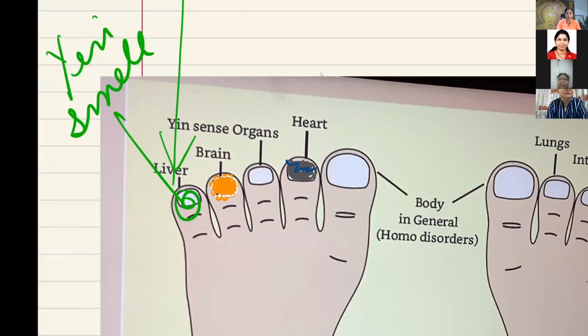So what you have to do, in case you have knowledge, many of you have Sujok knowledge, and maybe next time I will focus on all the correspondence areas. Even if we discuss all advanced techniques, everyone in this group should know the major correspondence areas related to each organ.